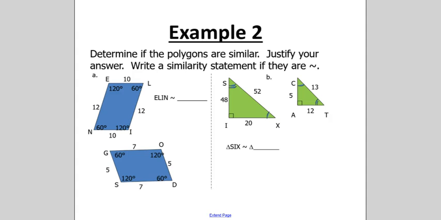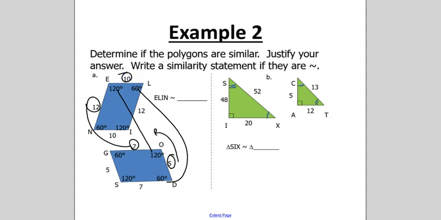All right. Determine if they're similar. Write a similarity statement if they are. So, here we go. Now you have to be careful with this one because you have to think about this one kind of rotating it. So we have 120, 120, 60, 60, 120, 120, 60, 60. But you have to think about turning it. So the 7 corresponds to the 12. And the 5 corresponds to the 10.